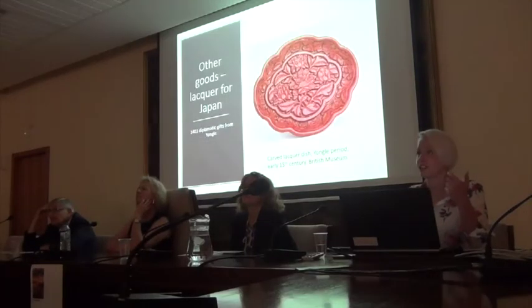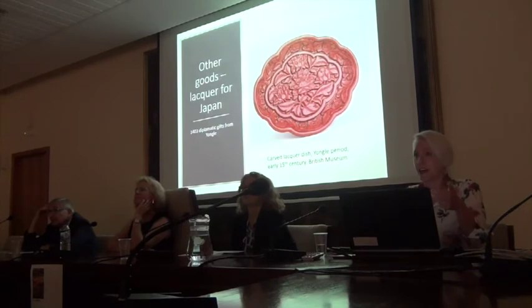Now, there were other goods going to Japan, of course, luxury goods in particular, such as lacquer. Now, lacquer, being quite fragile and organic, is not as sturdy, so you can't ship it in bulk. You also can't make it in bulk. But it was quite an important product in Japan, particularly in the early Ming, in royal circles and elite circles.